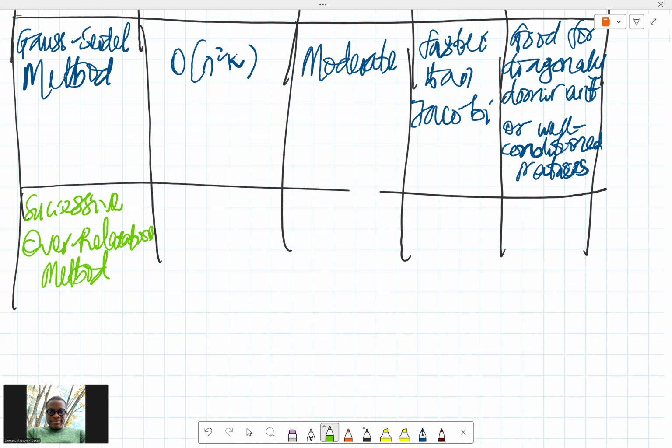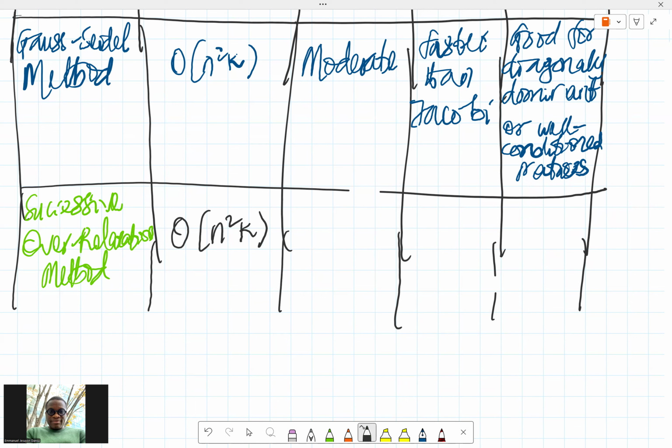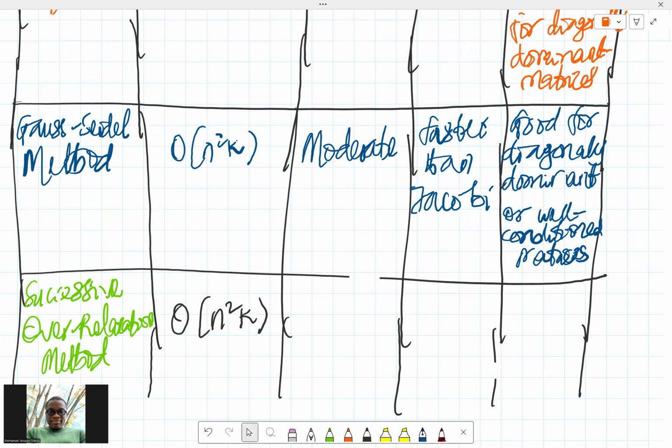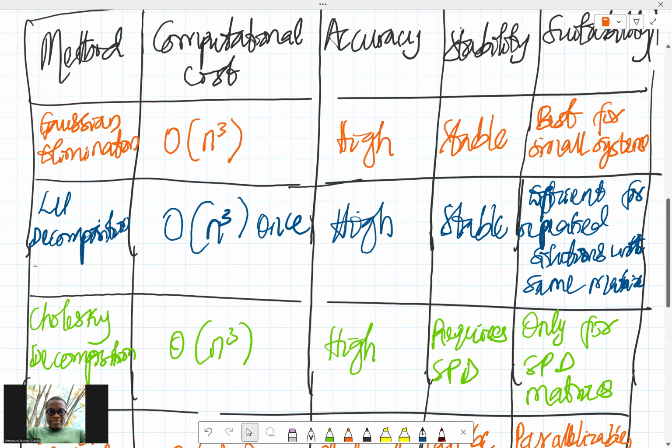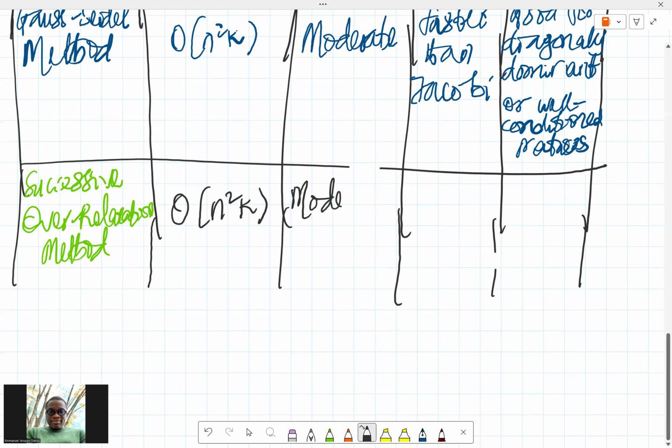The time complexity again is O(n squared k). Accuracy is moderate to high.